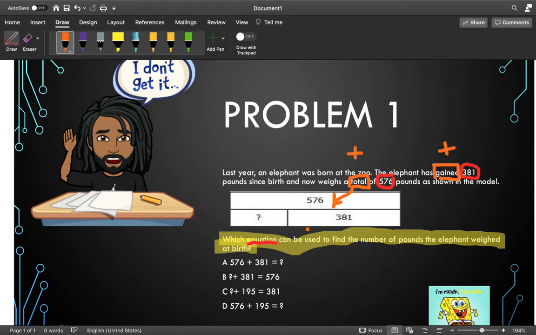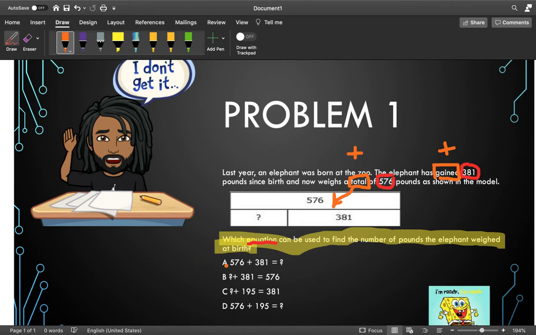Now, here's a tip. Remember that whatever the sum is when you use this equation, it can never be greater than your total amount. So if you're adding and you find out that it would be more than your total amount, then we can already X that answer choice out.